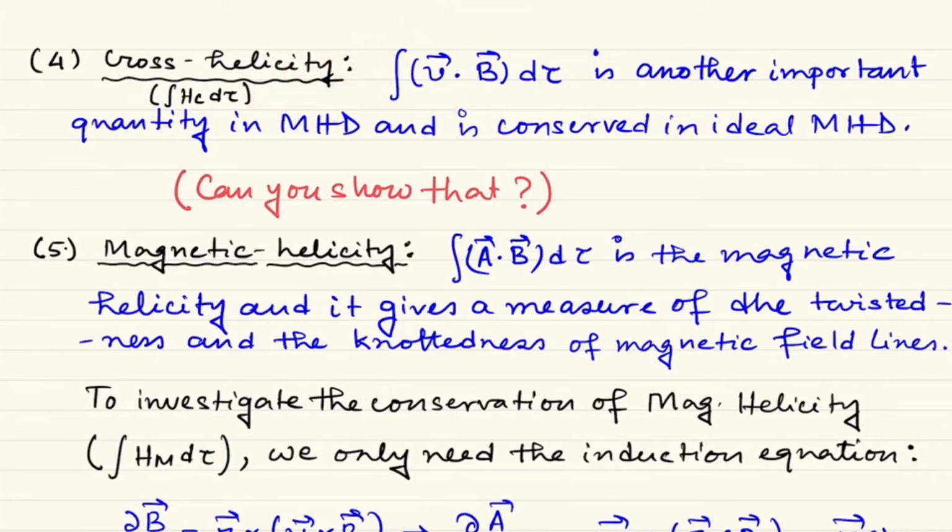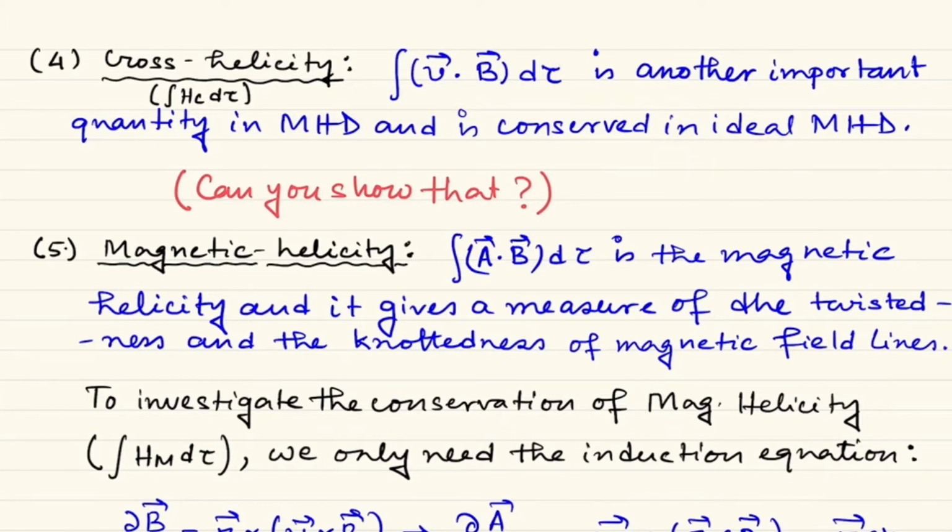This is a very important quantity in MHD because it gives a measure of the interlinkedness of the velocity and the magnetic lines of force, or rather the streamlines and the magnetic lines of force. And people have succeeded in showing that this quantity is an inviscid invariant in ideal MHD.